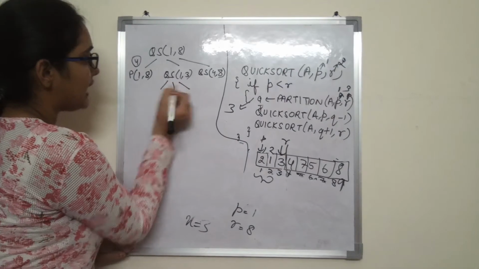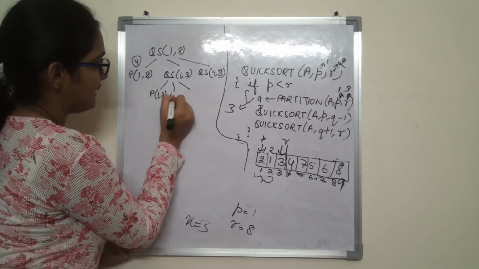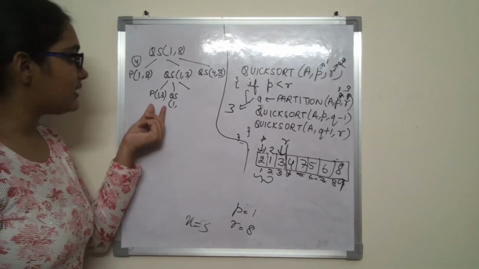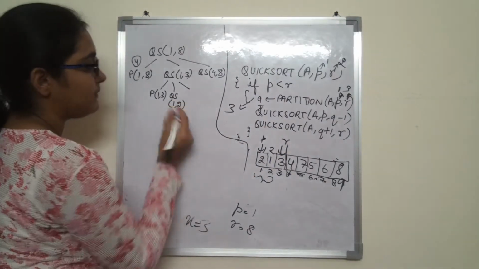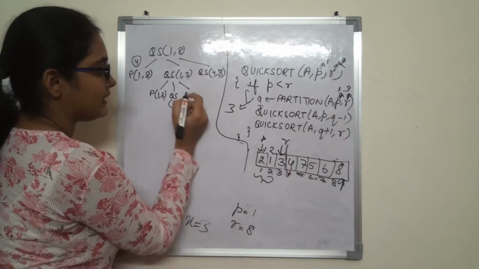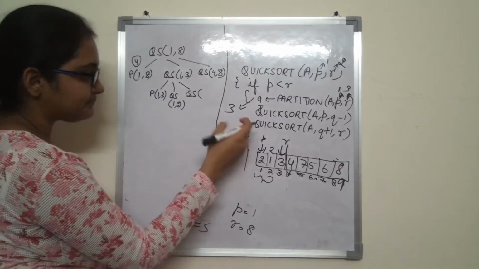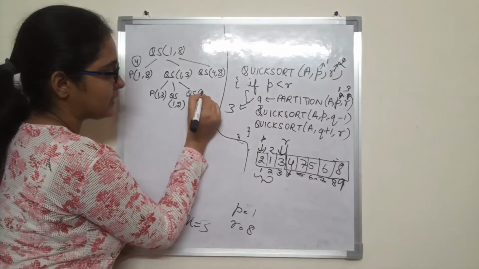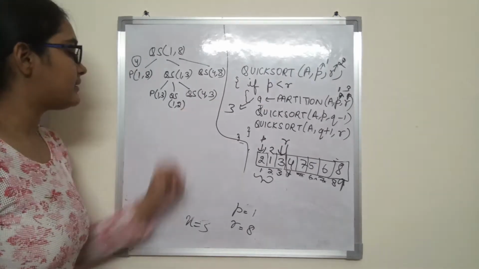What it did, it had to call partition from 1 to 3, and then quicksort from 1 to, what did it return? It returned 3 only. So from 1 to 2 it has to call, because it has to call till q minus 1, right? What was q? 3 in this case. Then quicksort A, q plus 1, r. What is q plus 1, r? 4, 3. Yeah, r is 3, right?